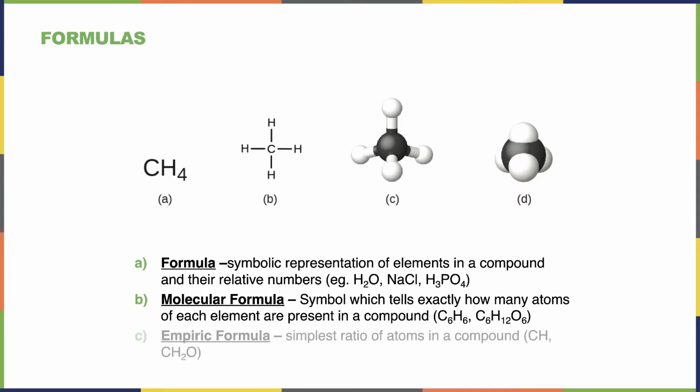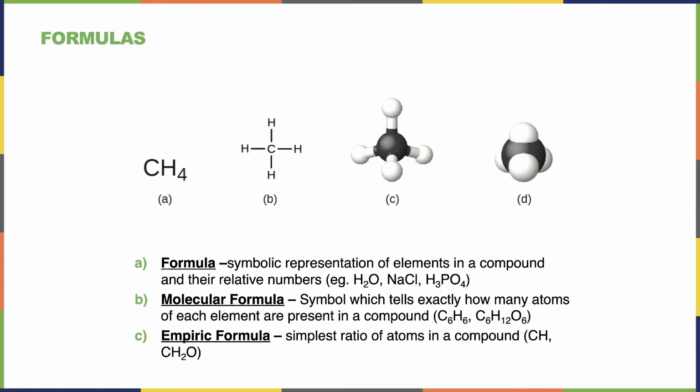Now that's to be distinguished from the next type of formula, which is called the empiric formula. The empiric formula is the simplest ratio of atoms in a compound. The 2 examples I give you are actually the empiric formulas for each of the previous molecular formulas.